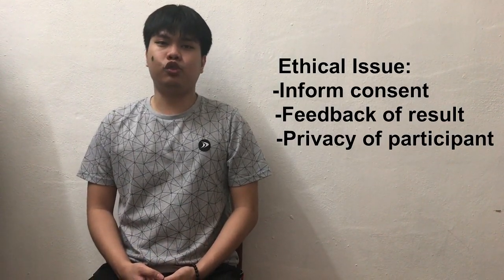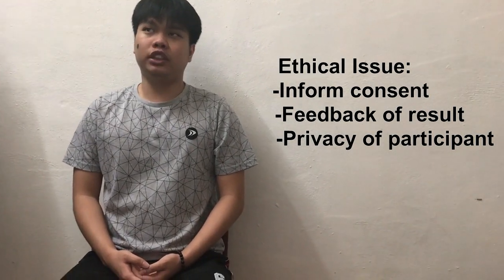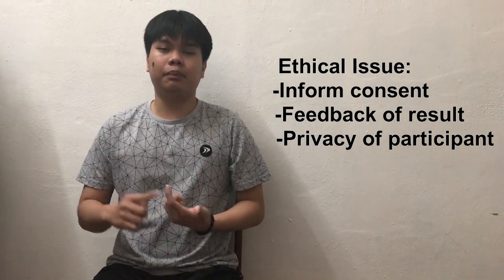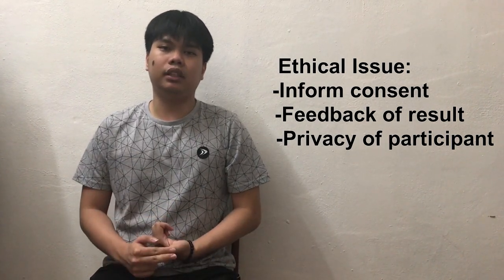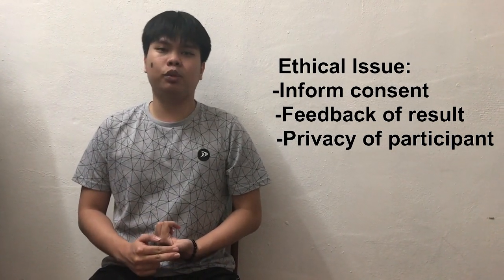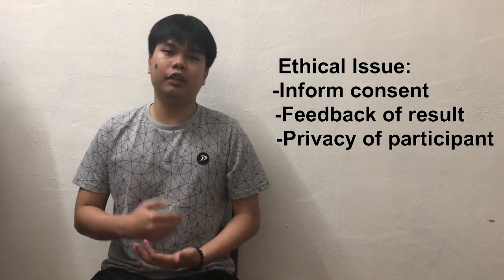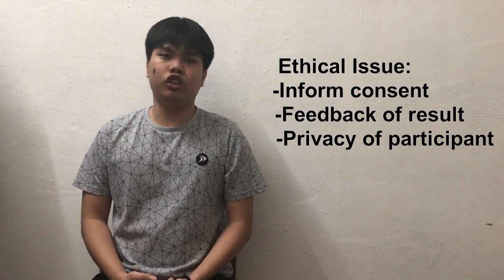Before carrying out the GWAS study, there are some key ethical issues that need to be taken into consideration, such as informed consent, feedback of the result, and privacy of the participant. For informed consent, the participant will be informed about the whole process and method that will be carried out during the research study, and they should know all the details.